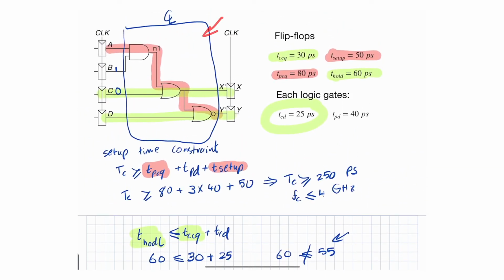This is why maintaining a hold time, or a T hold, that is less than the T contamination clock to Q is usually crucial, because if you make a mistake in the design and you come back to fix it, you'll figure out that the only way to fix it is to modify this particular circuit. There's no other way around it. You can't just change the frequency you're operating at and say, hey, that's it, I made a mistake. So how do we fix it?